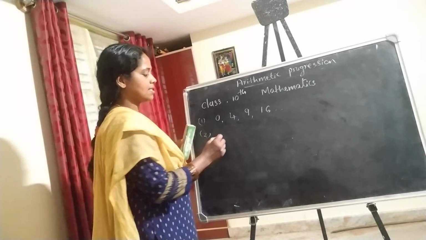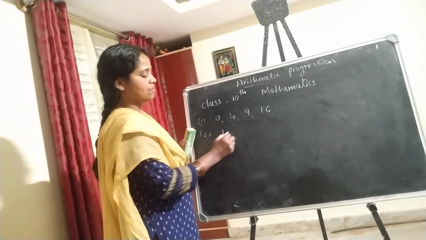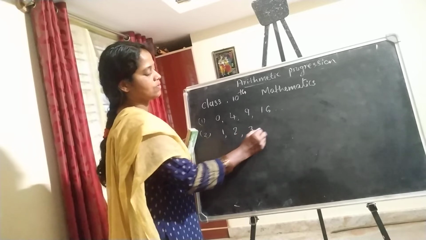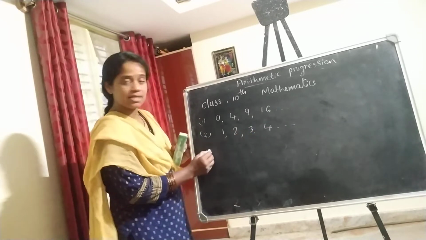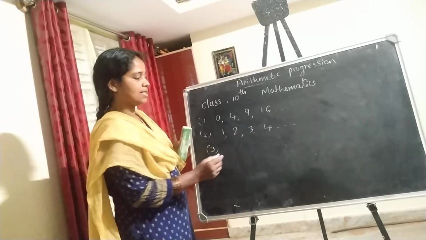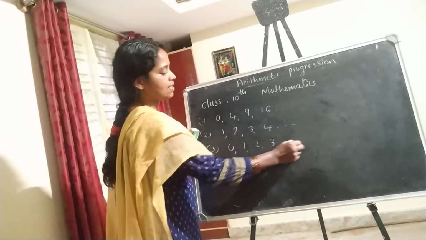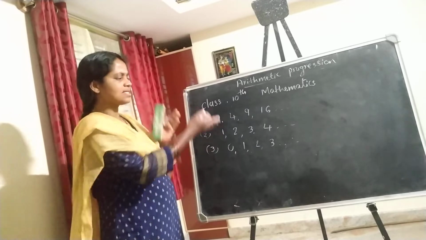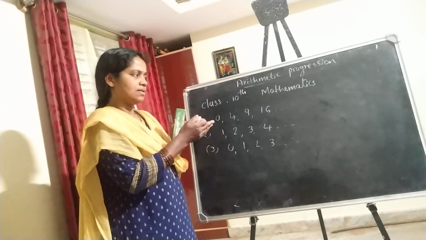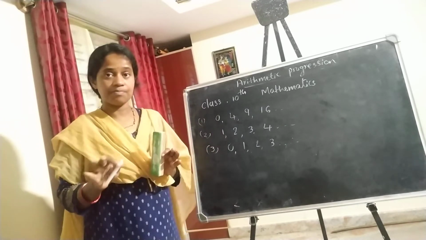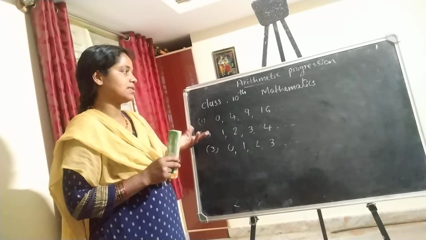The second one is a very simple pattern of numbers: 1, 2, 3, 4 onwards. And the third one is 0, 1, 2, 3, etc. These are examples of sequences.